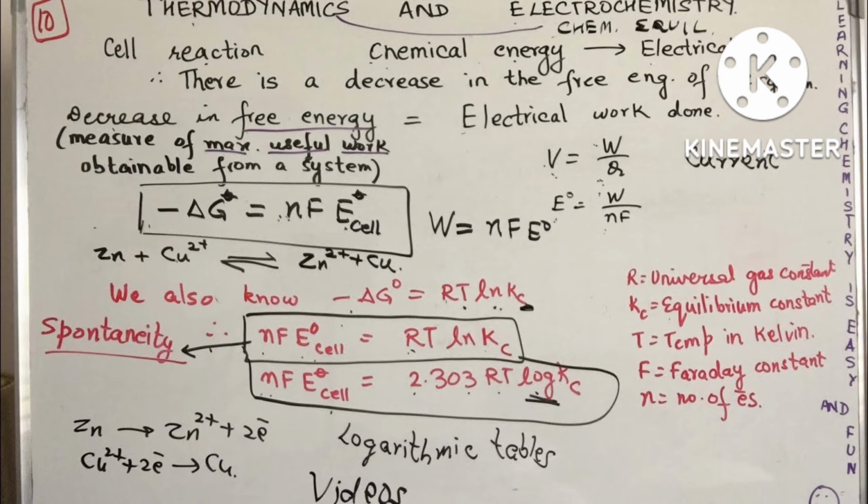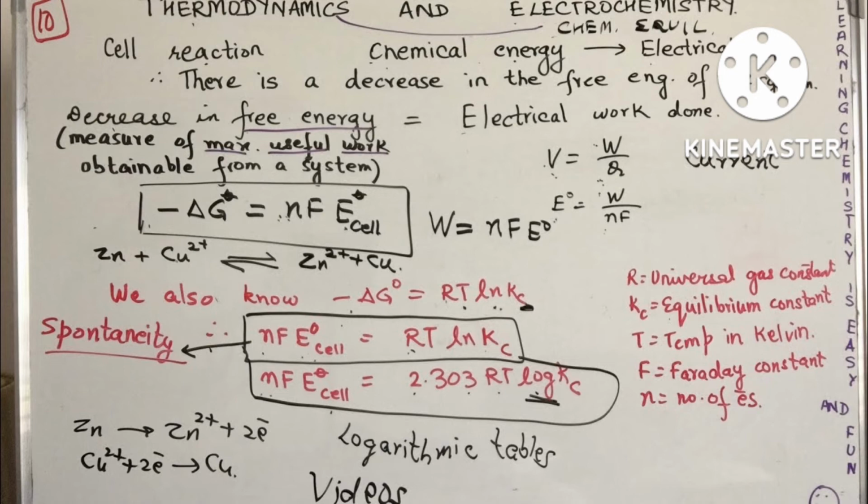That is, you will get 163,000 joule per mole. Now you can convert into kilojoule, writing a small k. Then you will get the final result: 163 kilojoule per mole. Okay, that's the final result.